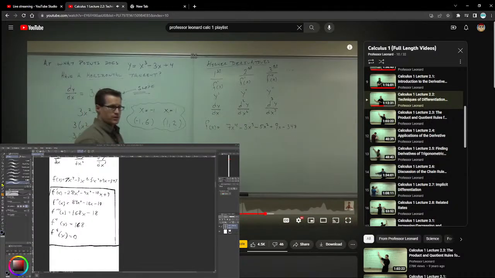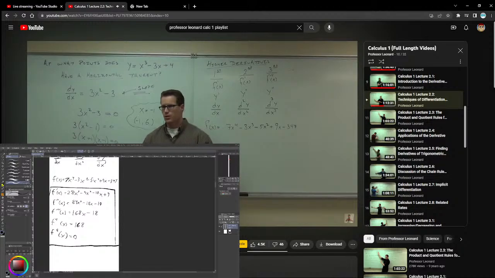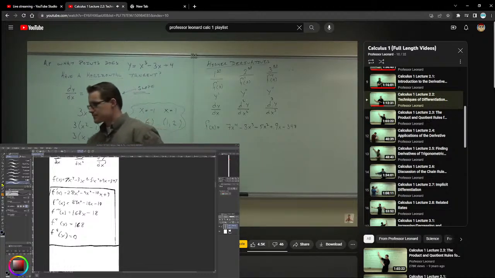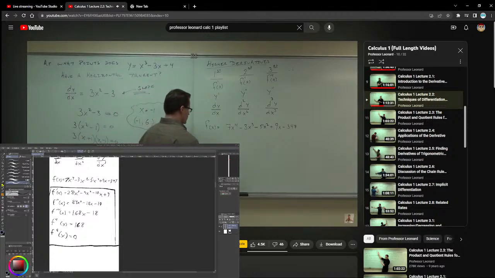So start with the first derivative, then find the second one, then the third one, then the fourth one, then the fifth one, then the sixth one, and see what happens, okay? I want you to keep going. So it seems like if you keep finding the derivative of the derivative, they all become 0 at the end.